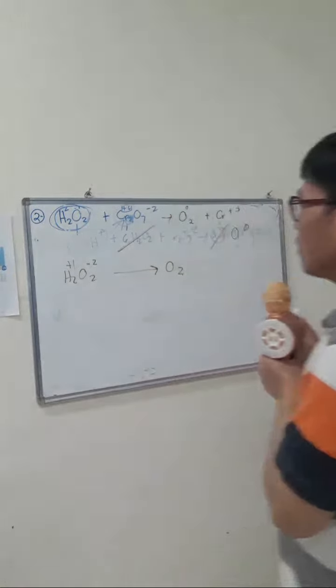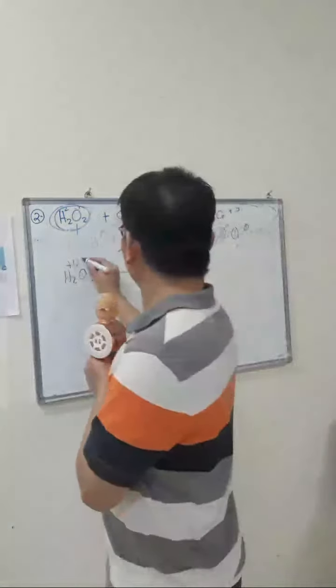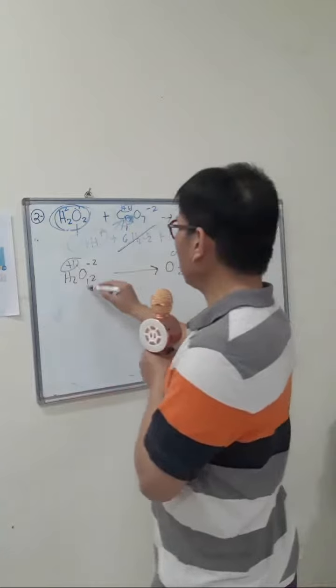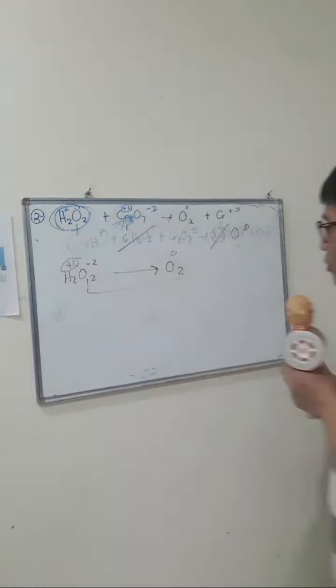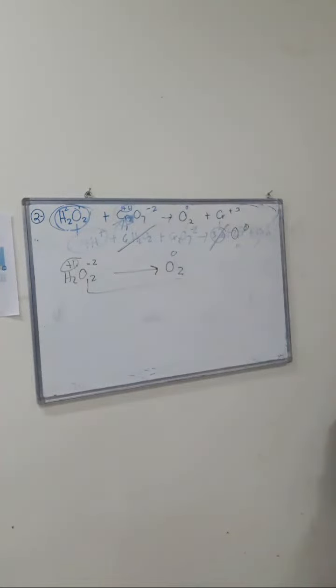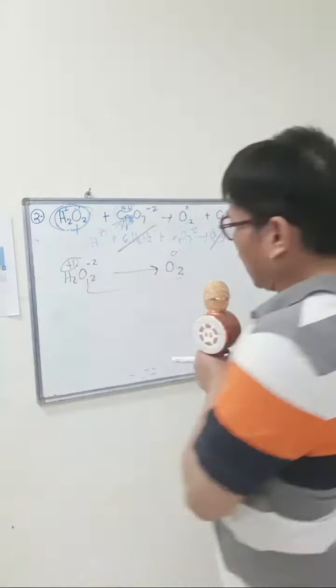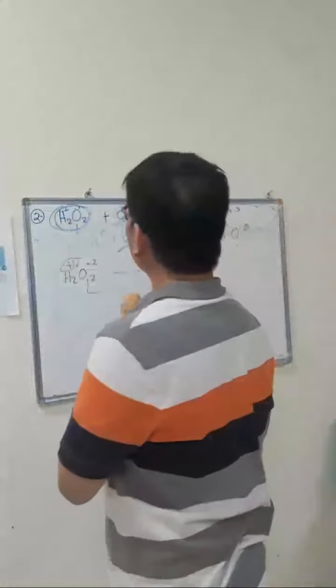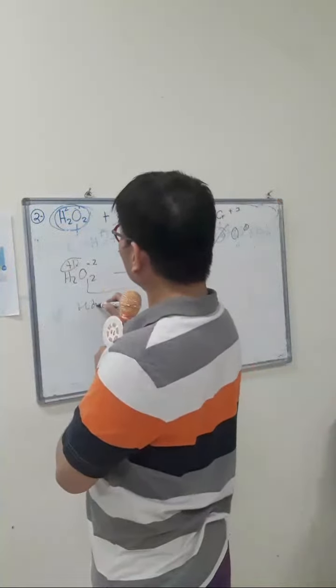In O2, oxygen alone is 0. So this is an increase in oxidation number, and loss of electrons is oxidation. Gain of electrons is reduction.